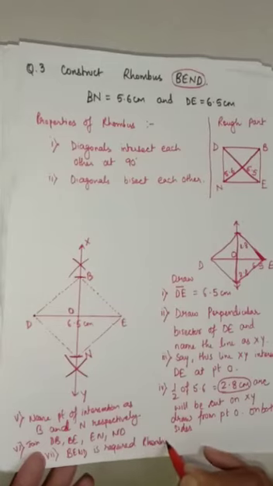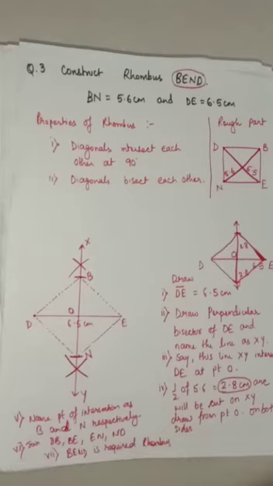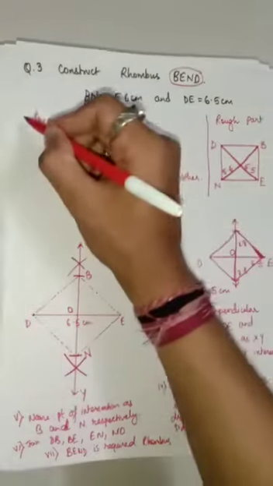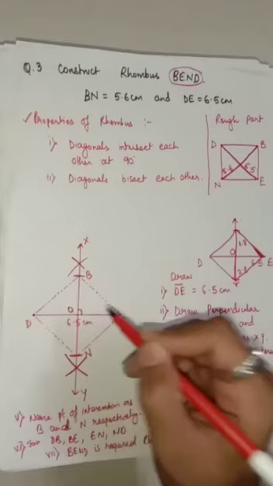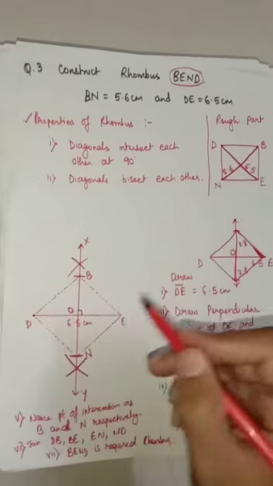Clear? So in the end, this construction is based on the properties of rhombus. This you have to mention in the question when you start the construction part. These are perpendicular bisectors, so I am making 90 degree here.